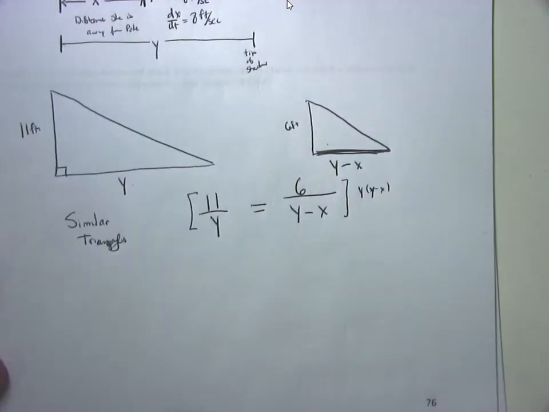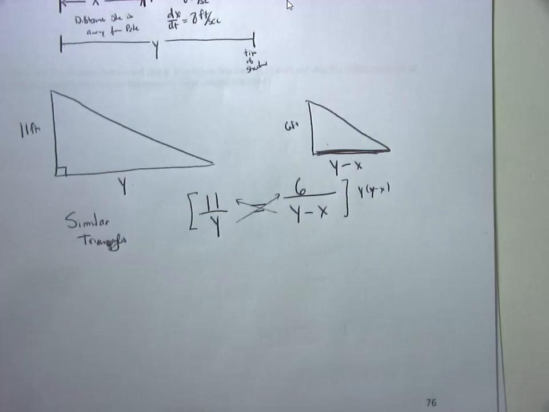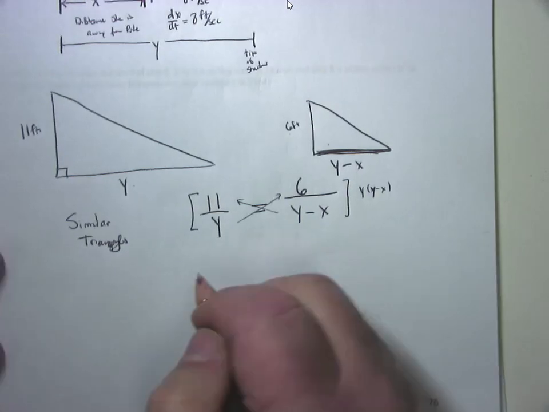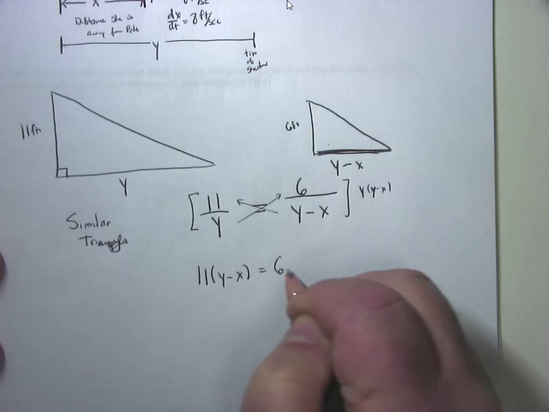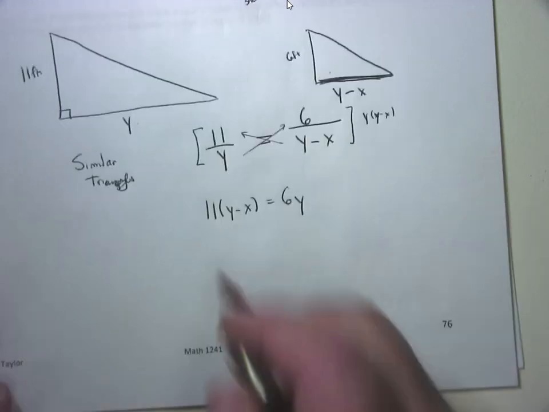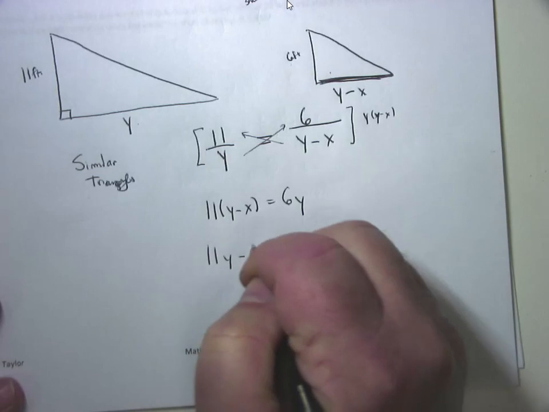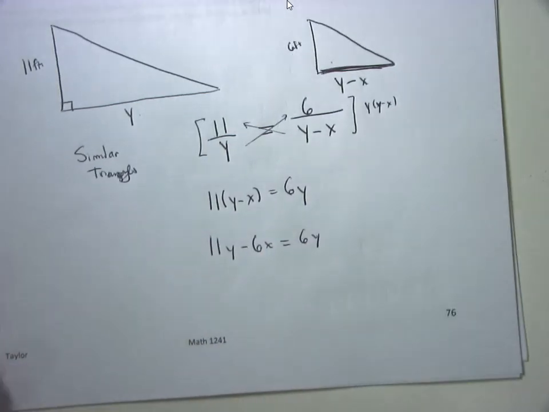Officially what this is going to do is the famous cross multiplication thing. I want to get rid of fractions. So this is going to give me 11 times y minus x is equal to 6 times y. Does that make sense? And I'm going to go ahead and distribute because I don't like parentheses. 11y minus 6x equals 6y. There's my equation cleaned up a little bit.